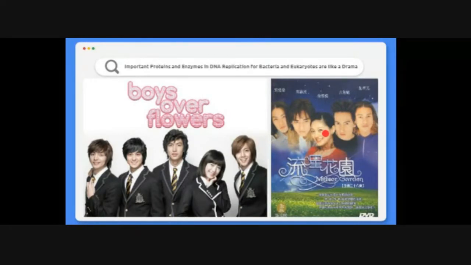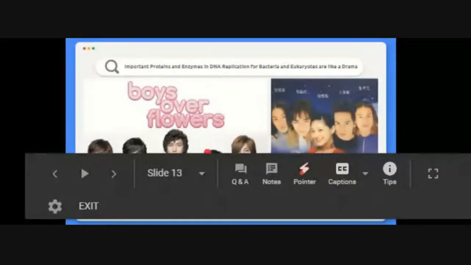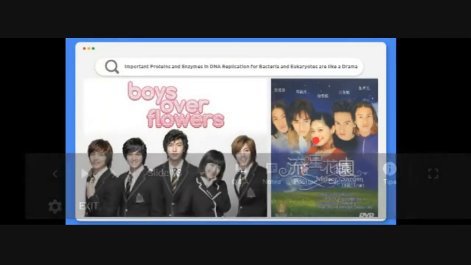So, ganun lang naman yung DNA replication din. Parang, yung enzymes and proteins mo, same lang naman yung roles nila, pero nag-iiba lang minsan yung name nila for eukaryotes and bacteria. So, for example, sinabi ko 'di ba si Gumjandi sa Boys Over Flowers pero si Sunshine sa Meet Your Garden. Same role, different names. 'Yon. Okay.